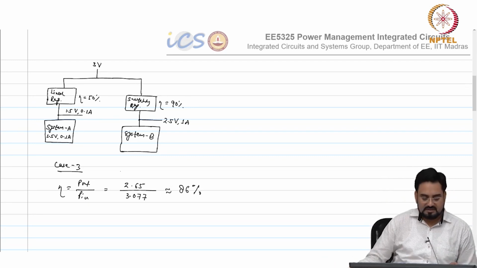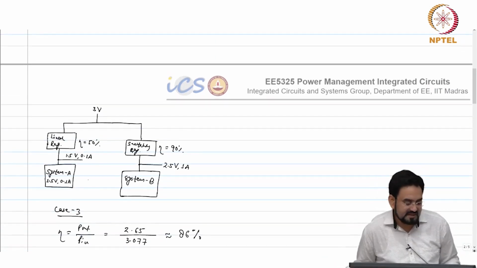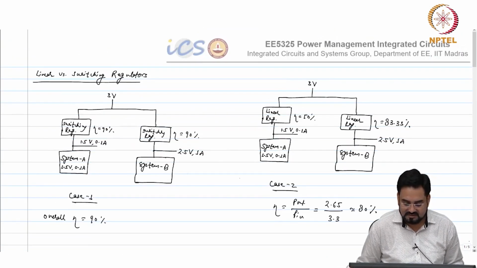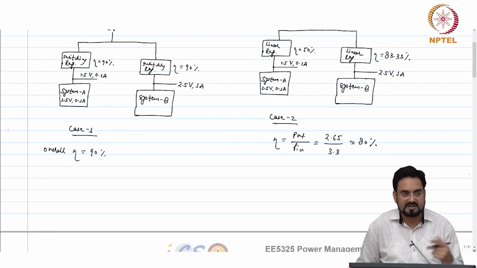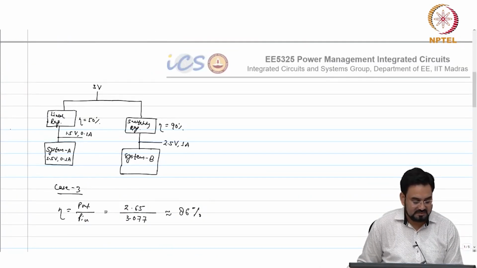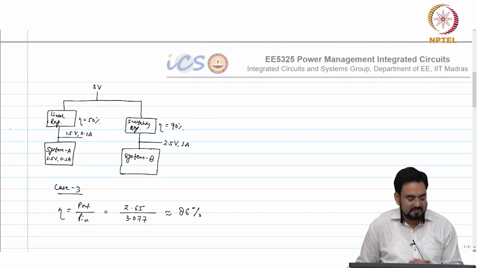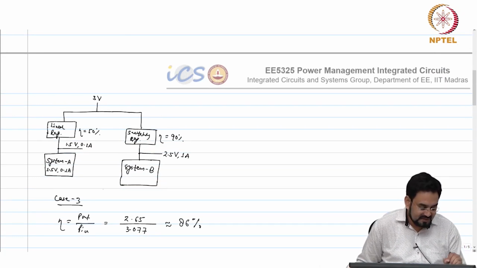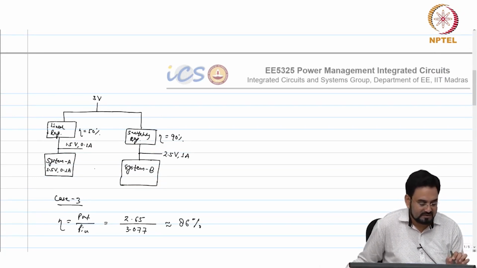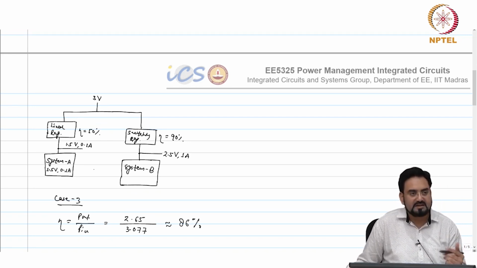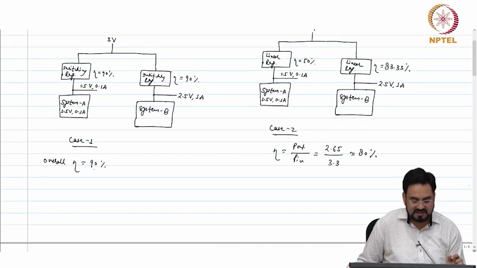Okay. So we lose 4% compared to when you use both switching regulators. Which means if we replace only the low power supply of a low power system with a linear regulator, the overall impact will not be that huge, as we have seen here.